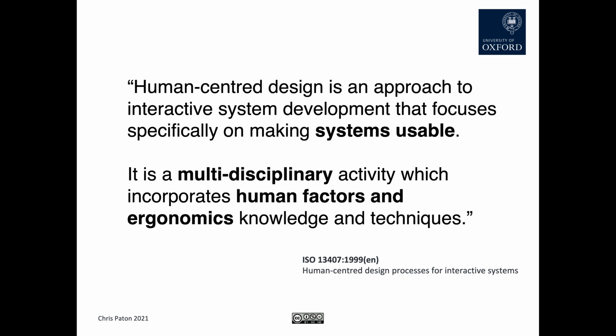So human factors and ergonomics is about how human beings interact with things, and you might have heard of ergonomics in terms of ergonomic computer keyboards and ergonomic chairs and that kind of thing. And really this is the same idea but applied to digital systems.